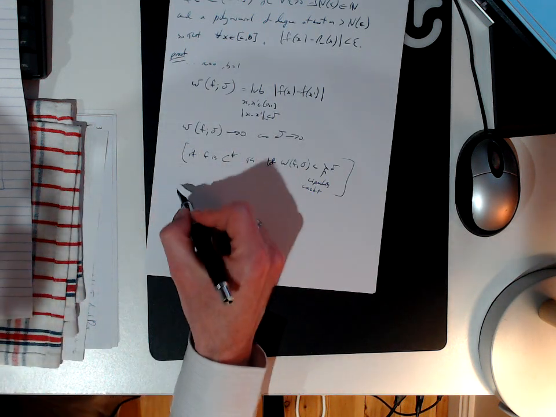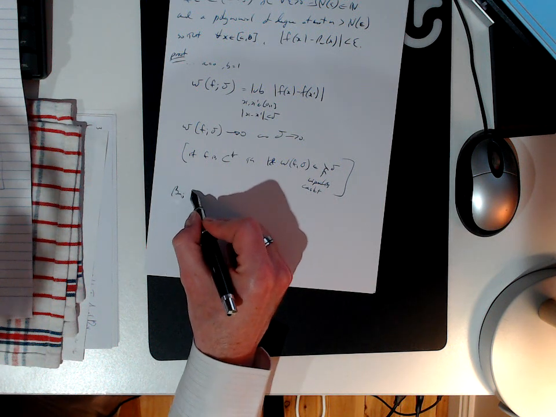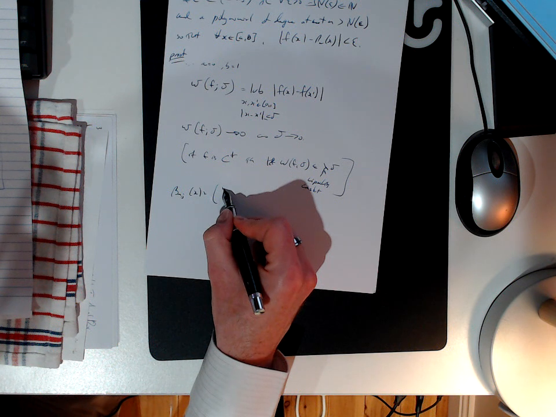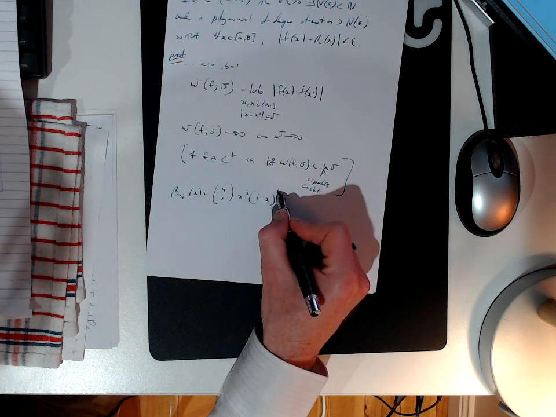To complete the proof, I'm going to define some functions. So here are my beta_nj, and they're going to be (n choose j) x^j (1 - x)^(n-j).